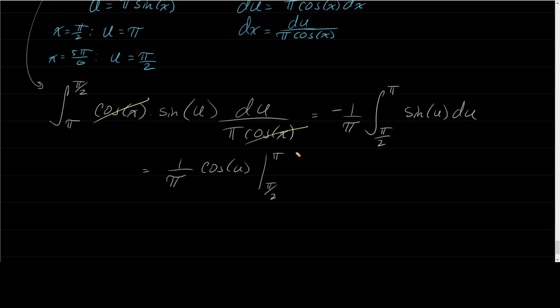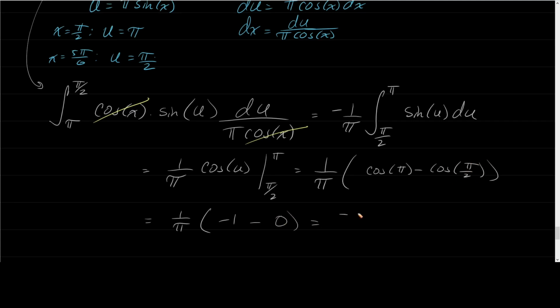And at that point, that just becomes 1 over pi times cosine of pi minus cosine of pi over 2. Cosine of pi is negative 1, minus cosine of pi over 2. Cosine of pi over 2 is 0. So my final answer here is negative 1 over pi.